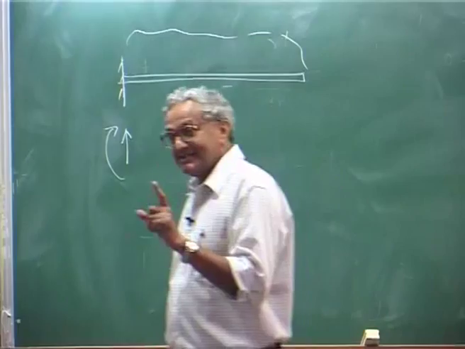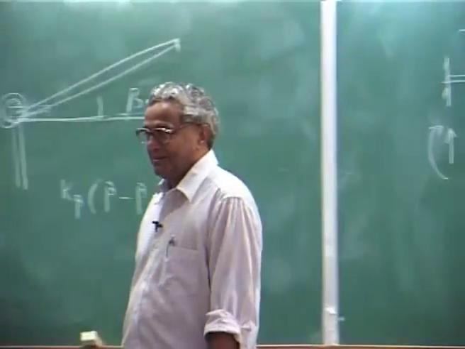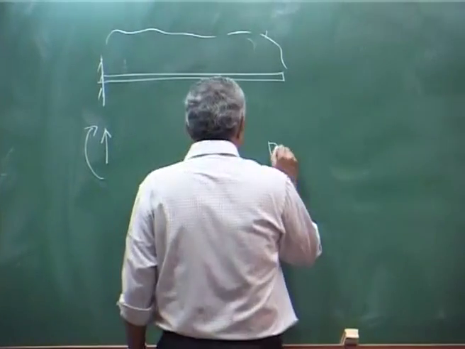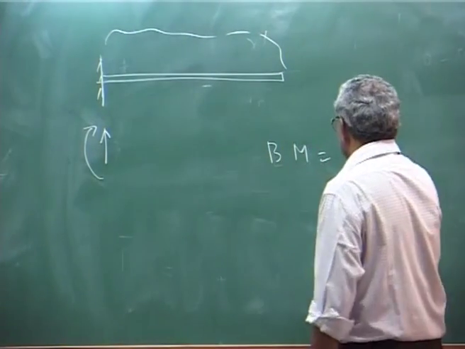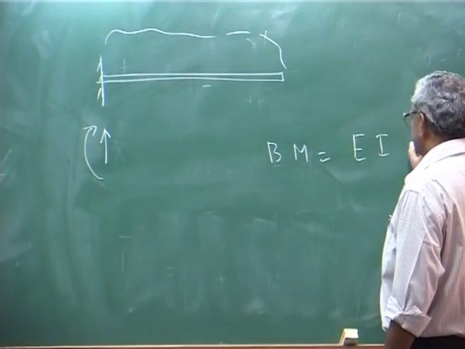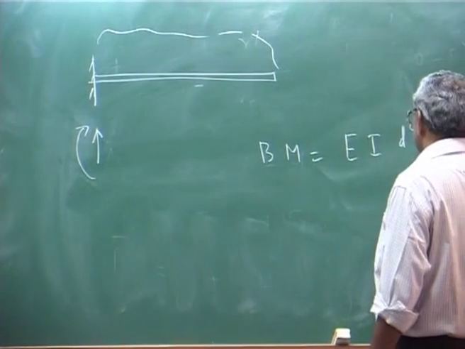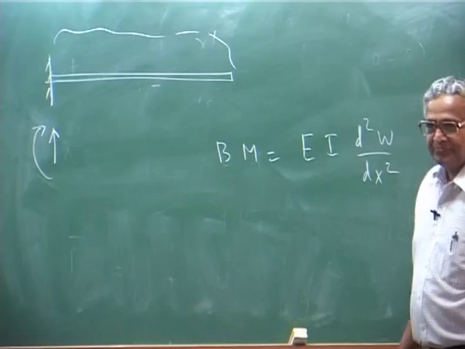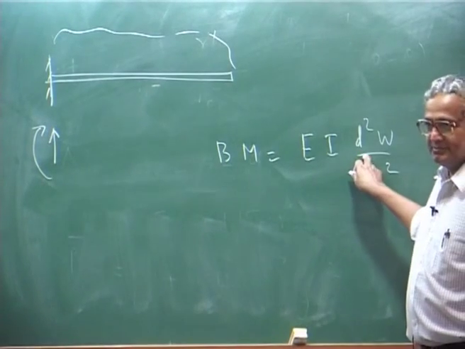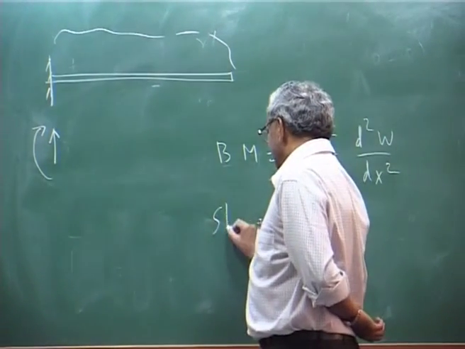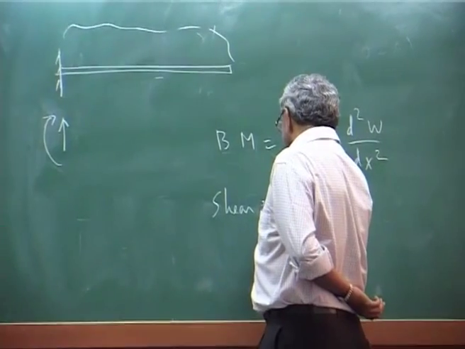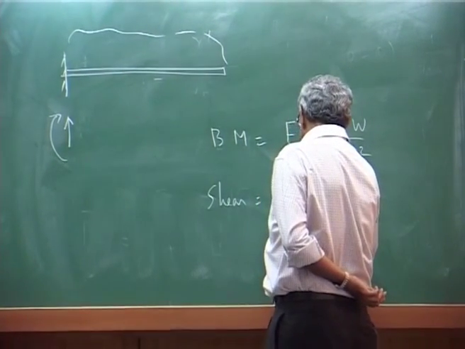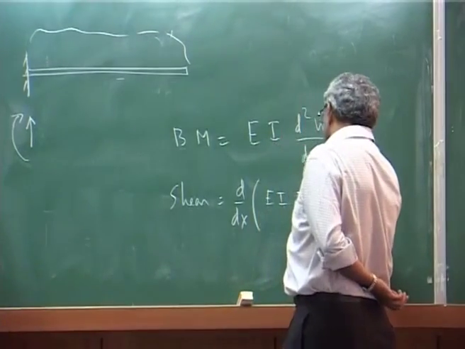That means you are integrating the loads, but you also know bending moment is EI times the second derivative of w, and the shear force is another derivative, d over dx of EI times that.